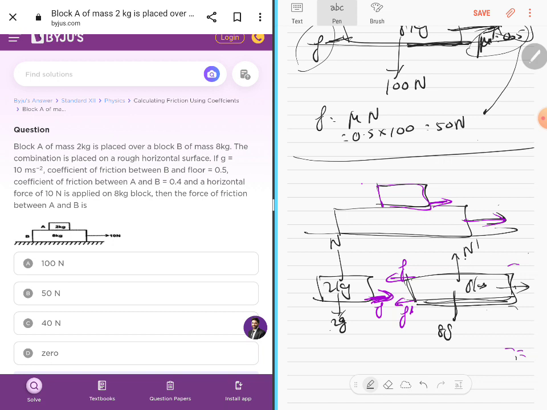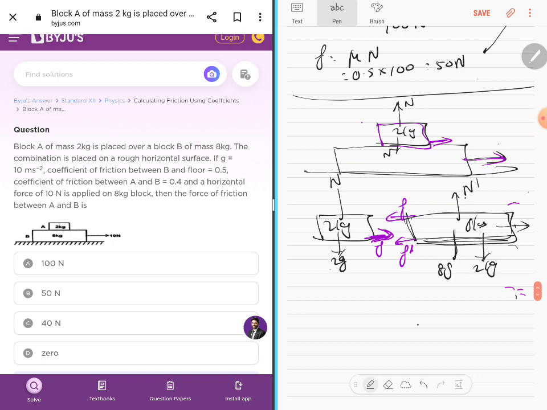Other than that, the 2 kg block will also exert a normal reaction down on it, so that will also come here. So if you want to find F dash, it's mu dash into the normal reaction, N dash, and N dash itself is 10 kg, or 100 Newton.